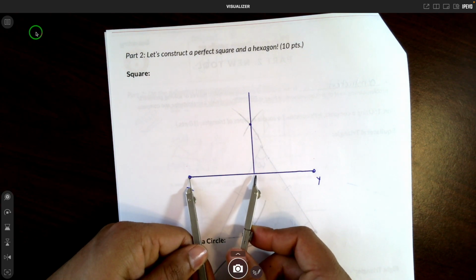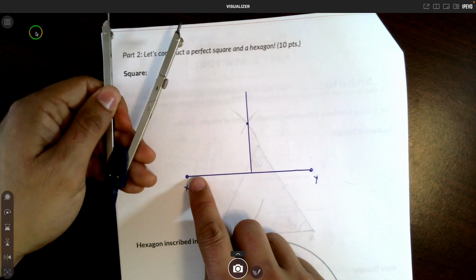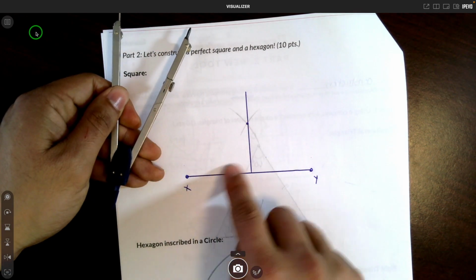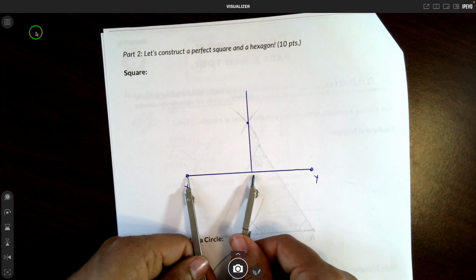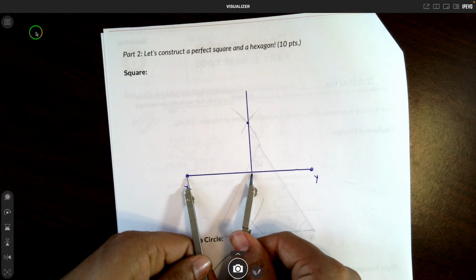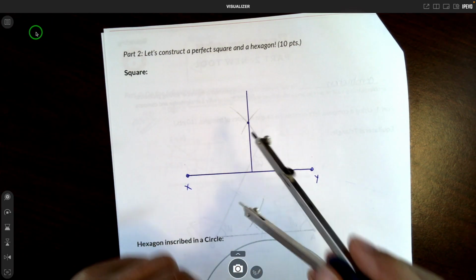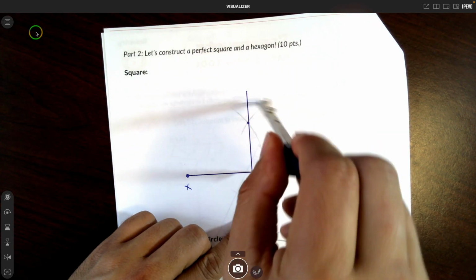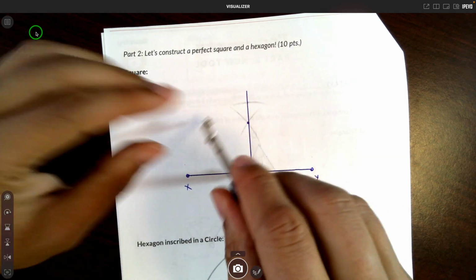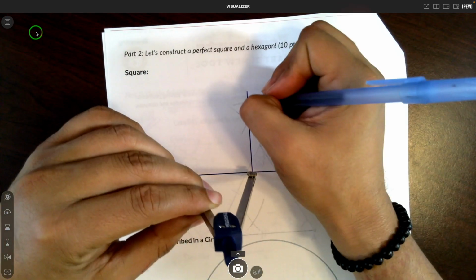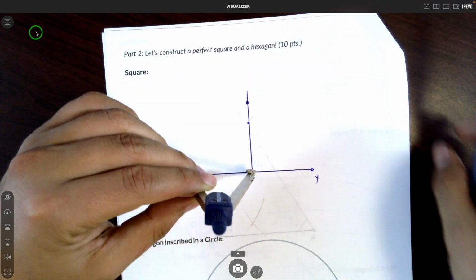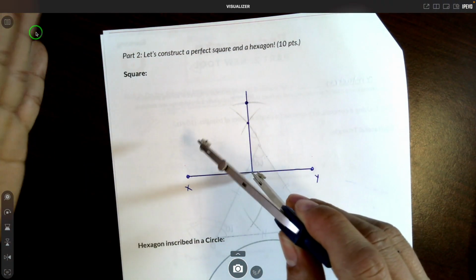So we want to take the length of this square, okay? I'm gonna use this side as my square, and so this is gonna be part of my square. So I'm gonna make sure it's the same length, and then I'm gonna put it right there at that point, and this right here is gonna be one of the corners for one of the sides of my square.